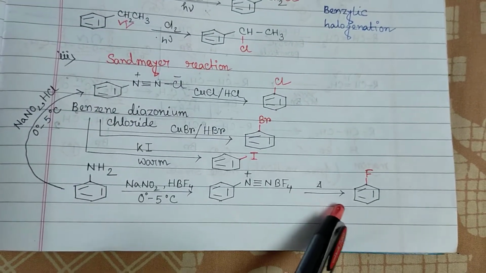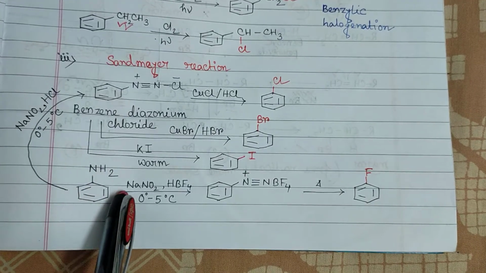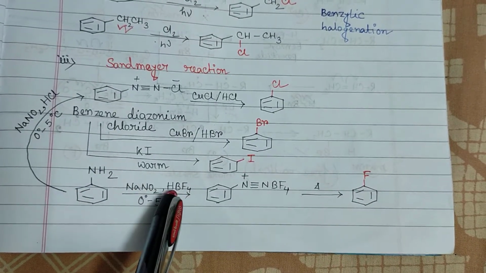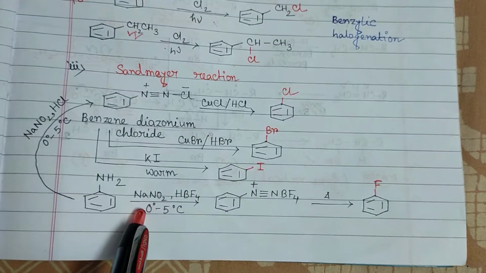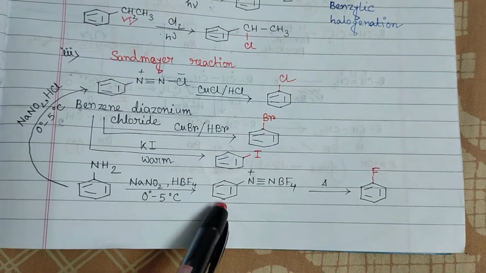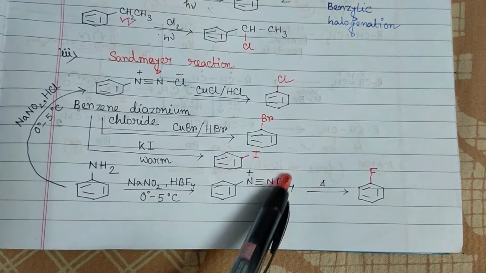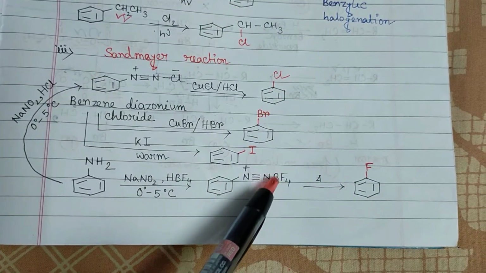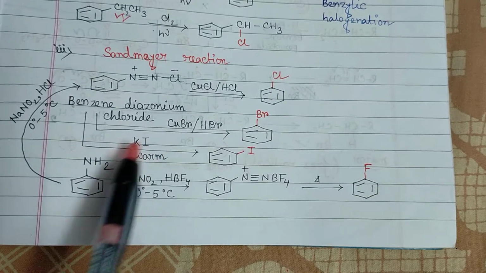For preparation of fluorobenzene, we have to take NaNO2 in presence of HBF4 and the temperature is the same. Then we can have this type of salt where the chloride will not be present, and instead there will be BF4 minus.